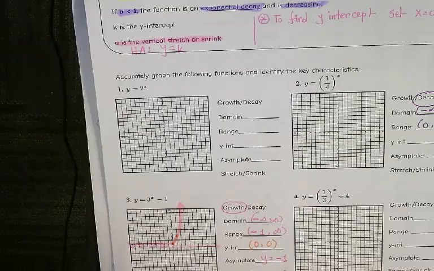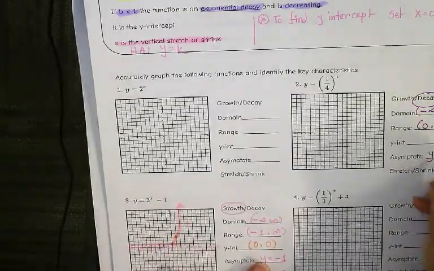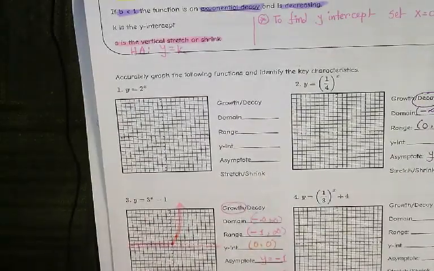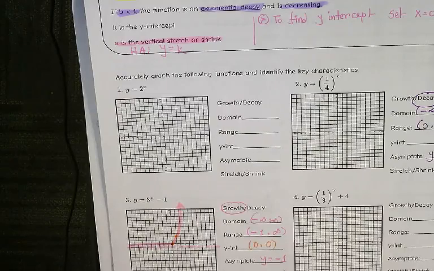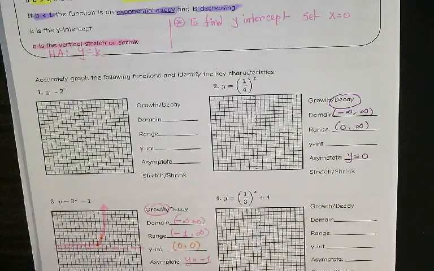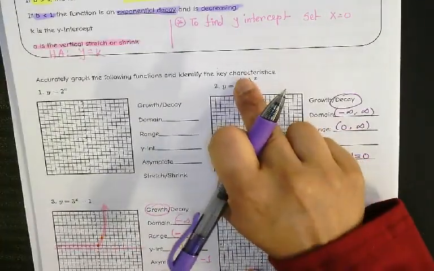It's a line. Now we have to find that. Okay, is there any vertical stretch or shrink? Is there any vertical stretch or shrink? No, because this is my base. This is not the shrink.